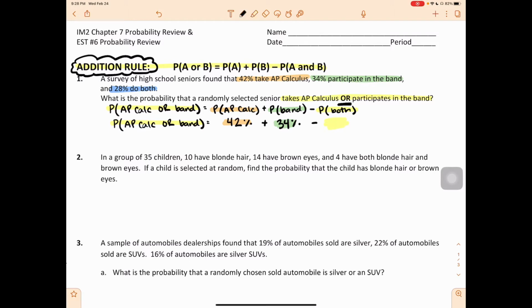So the probability that there's a student who's in both is 28%, because we know 28% of them do both AP Calculus and band. So if I were to select a random student, there's a 28% chance that I'm going to grab a student who is in both AP Calculus and in the band.